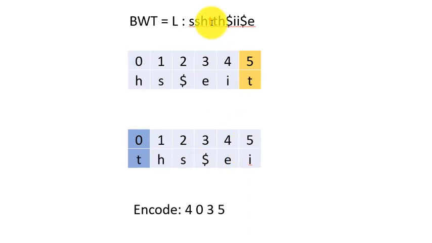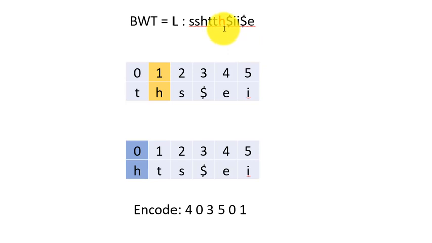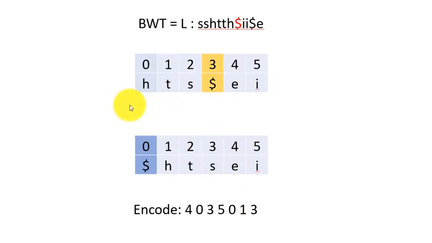The next character will be T. So I simply look up T here, move to the front, record 5. The next character is T again. Because the T is already at the index of 0, I simply put 0 here. The next character is H, and I record this index as 1, move to the front.